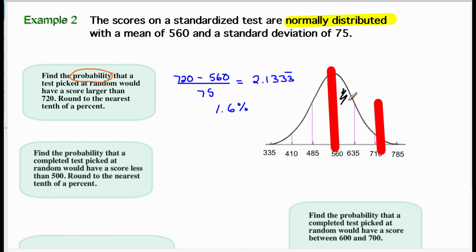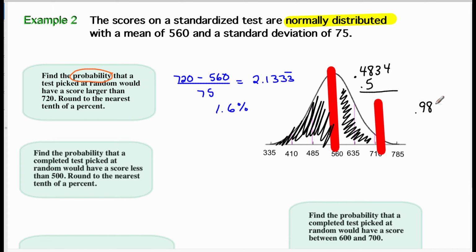It gave me this area, and it told me that area there was 0.4834. It didn't give me this area, but this area is easy. This area is 0.5. So if I add that up, I get 0.9834. That's the area below my z-score.